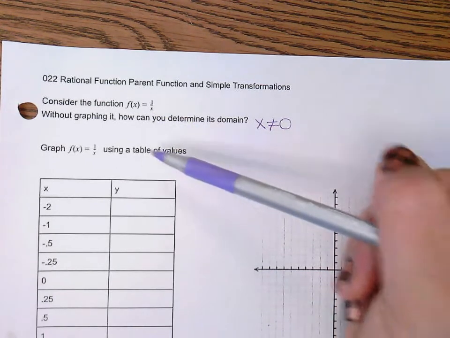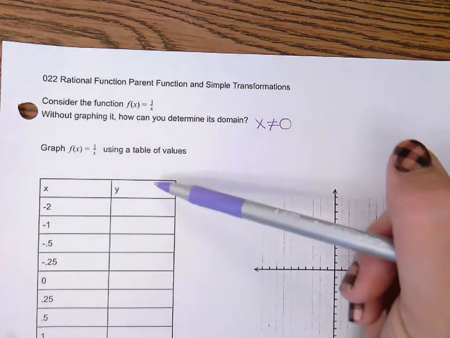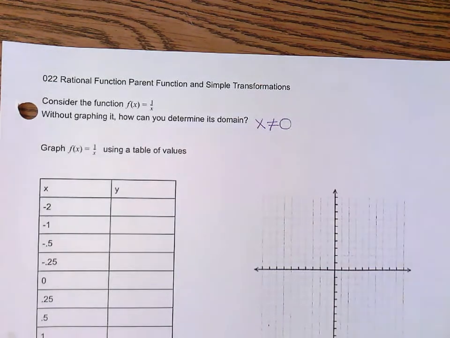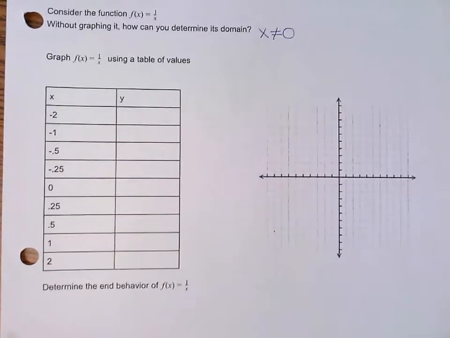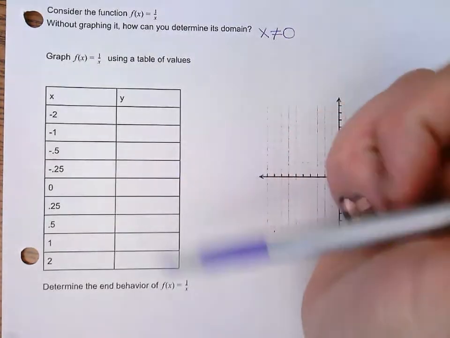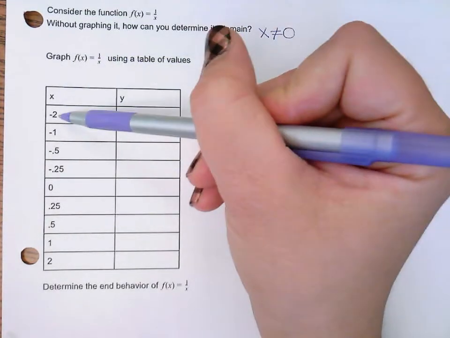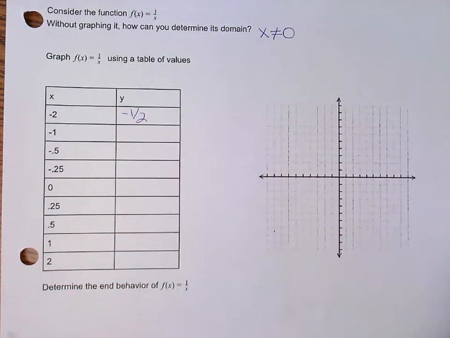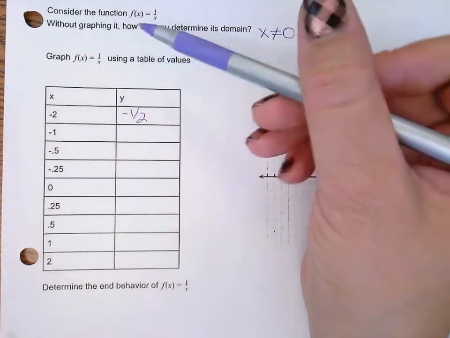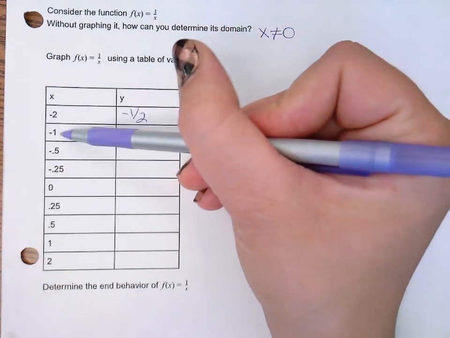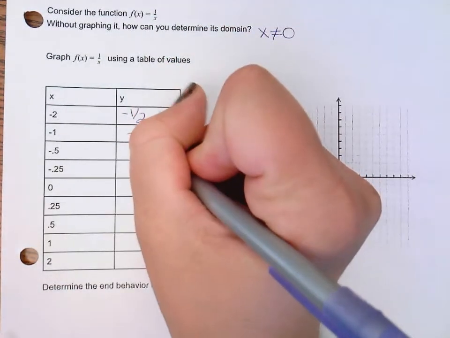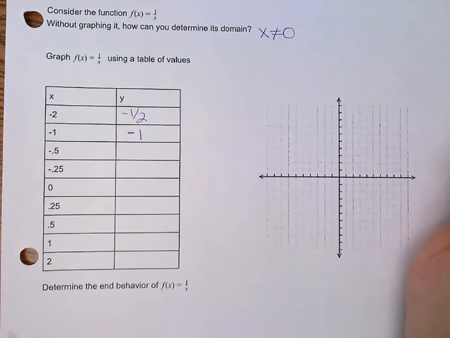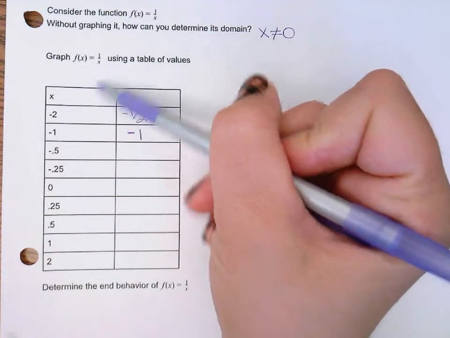So now we're going to graph the parent function, but we're going to make a table of values first to help us find some key points. If I take 1 and divide by -2, I would get the value -1/2. If I take 1 and divide by -1, I would have a value of -1. What if I divide by a fraction?